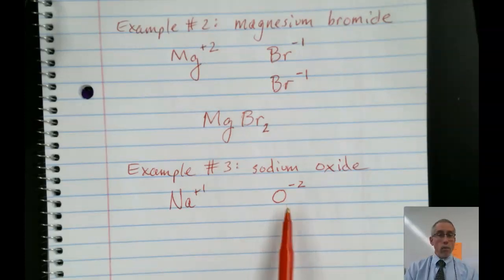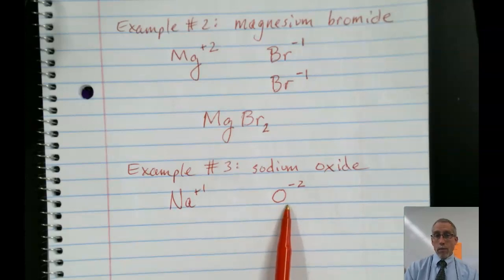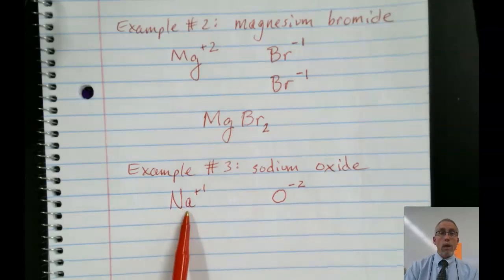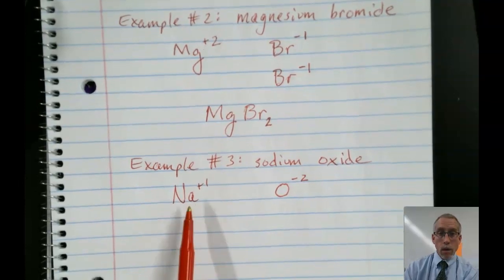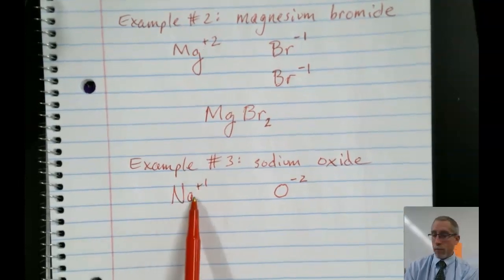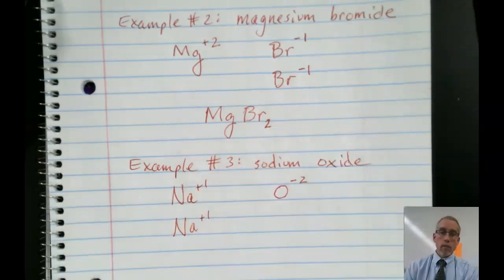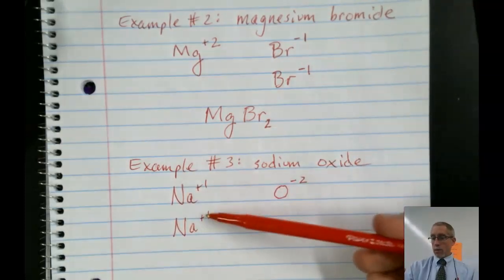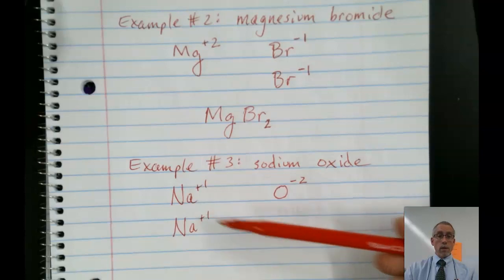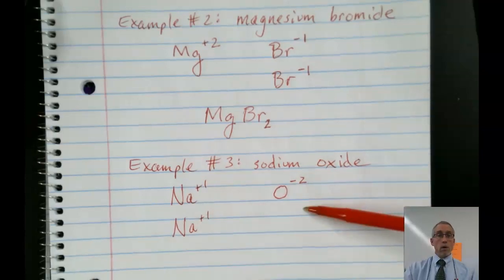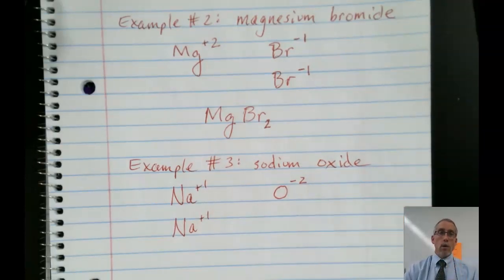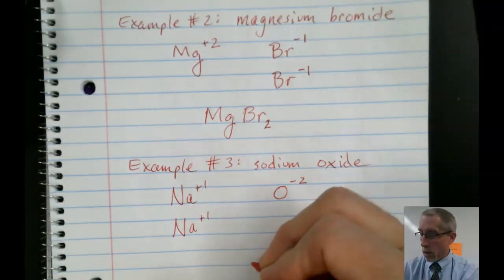This time, though, we don't need more of the nonmetal oxygen. We need more of the plus ion because that's the one we're deficient in right now. So if we write another identical symbol like that, now I've got +1, +1. That's a total of 2 pluses. And I've got over here still 2 minuses. That's when we show that we have as many pluses as minuses, and we can write our formula.